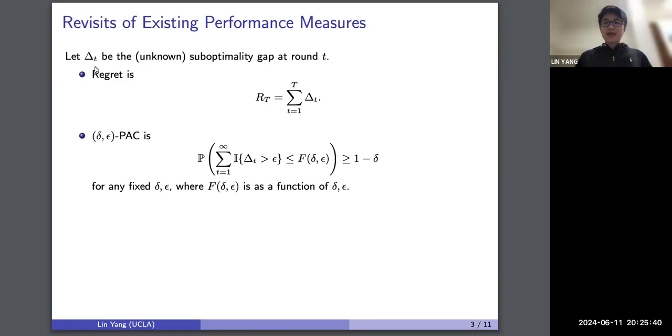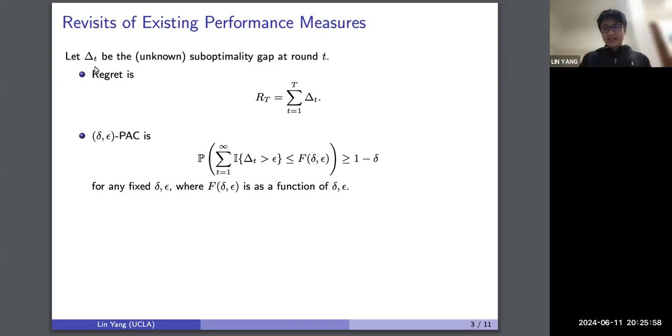If we run the algorithm for T rounds, the regret is the sum of the suboptimality gaps up to time T. You can also look at this sum when T goes to infinity. You really want this to be small.